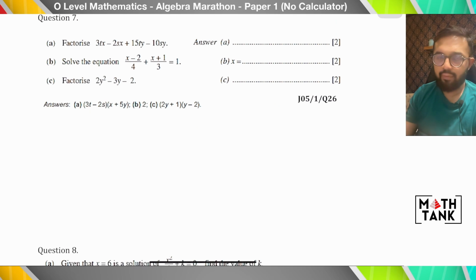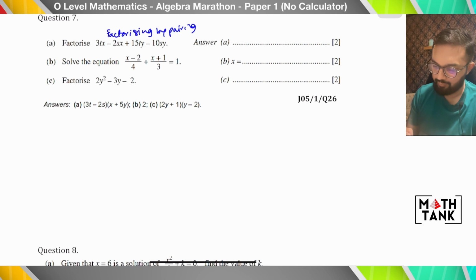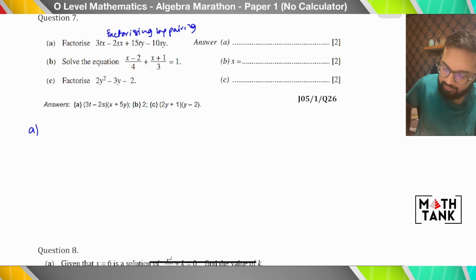Then question number 7. Again, I have 4 terms, so this is probably factorizing by pairing. Let's see if I can make pairs and take something common. Okay, part A. 3tx minus 2sx plus 15ty minus 10sy.